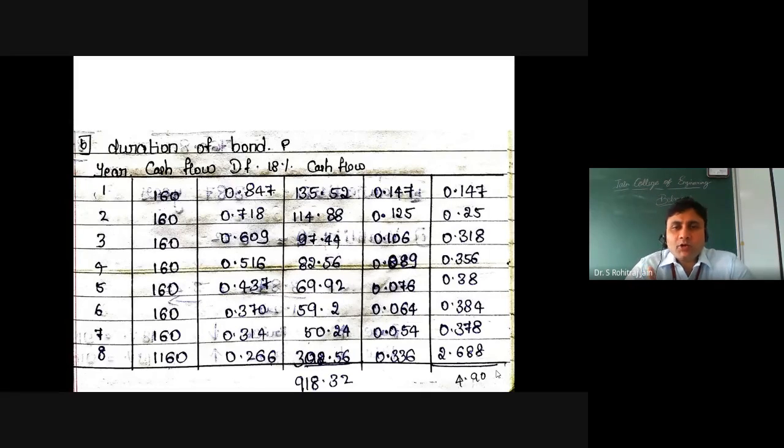Vinit, how do I get the values in the fifth column? It's not audible. Any volunteers?